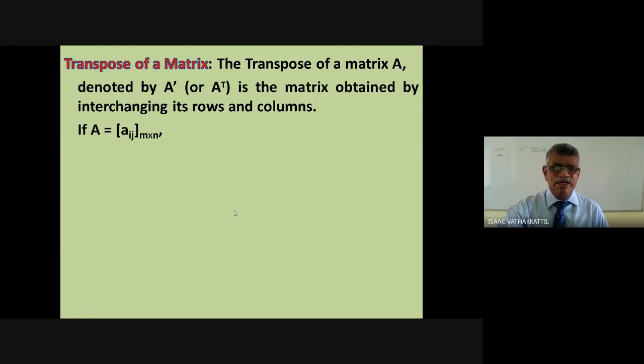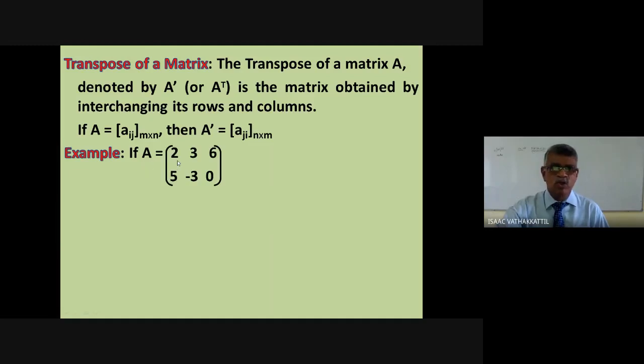That means given a matrix, you interchange first row to first column, second row to second column, like that. If you have an m by n matrix, I can denote it A_ij, m by n. Then A dash will be denoted as A_ji, n by m. If it is a 2 by 3 matrix, when you take the transpose, it becomes 3 by 2.